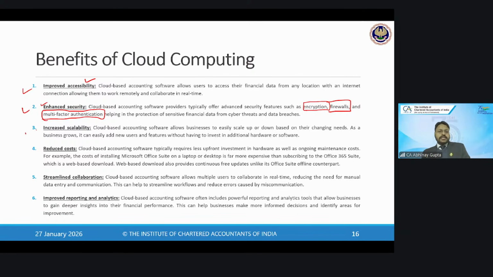Then increased scalability. What do you mean by scalability? The software allows you to do anything from anywhere and for any number of people. So it improves scalability. Businesses can quickly scale up using cloud computing, because if they need more people to do different things for them, they can simply purchase more credentials or more IDs and passwords from the tech company for their database, and provide those accesses to more employees.